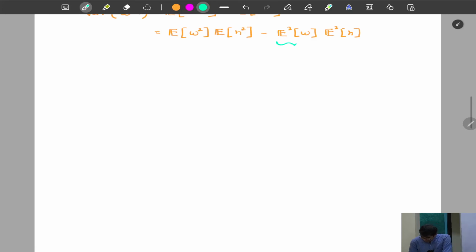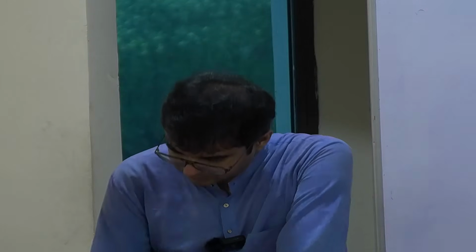Now, what is this term equal to? Expectation of W is 0. That's what we assumed. So this is equal to 0, which means the second term will vanish. It has no role to play. So then this is equal to expectation of W square multiplied by expectation of H square.